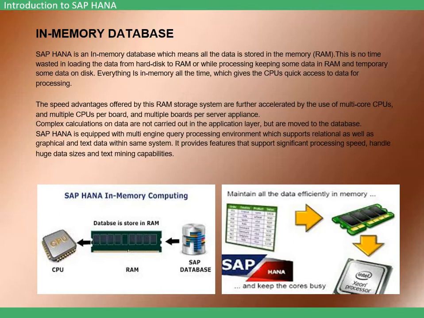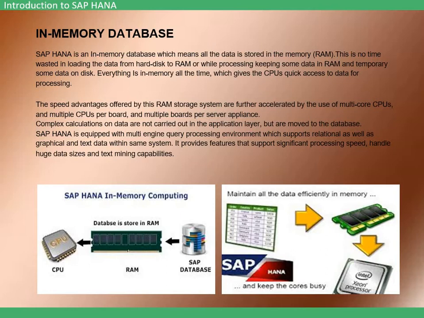Everything is in memory all the time, which gives the CPU quick access to the data for processing. The speed advantages offered by this RAM storage system are further accelerated by the use of multi-core CPUs and multiple CPUs per board. SAP HANA is equipped with a multi-engine query processing environment.